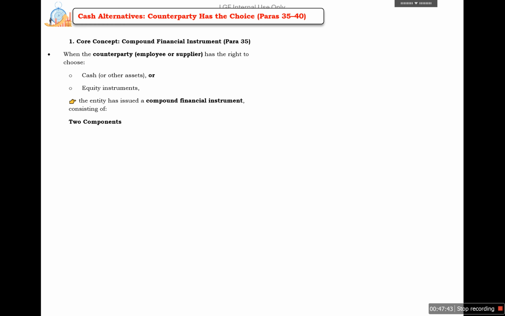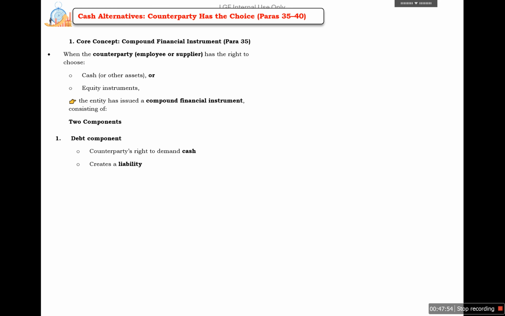First is the alternative where the counterparty, the employee or the provider of service, has the choice. When the counterparty has the right to choose cash or equity instrument, the entity has issued a compound financial instrument that consists of two components.